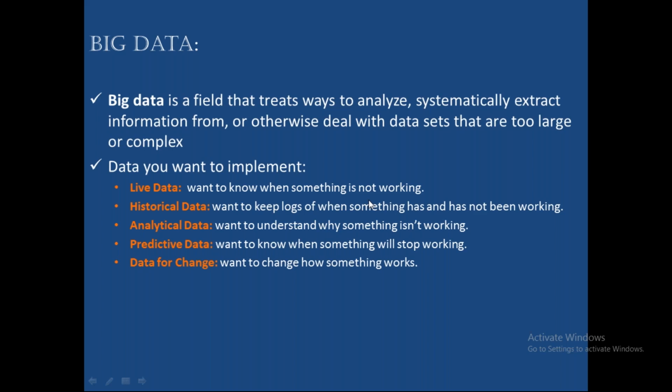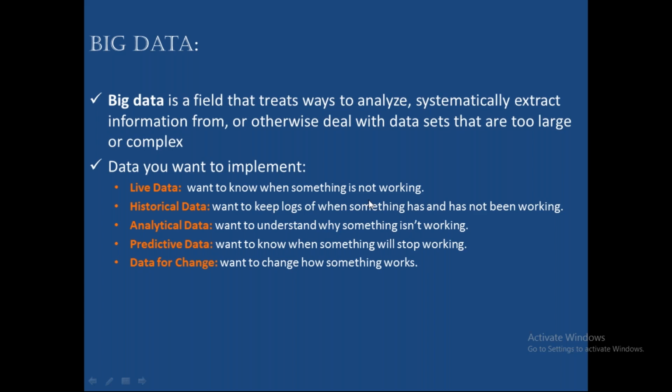How will you come to know this ATM is not working? You are going to process live data immediately. When a transaction happens, that event comes to you. If you are not receiving events for the last 30 minutes, you can suspect and confirm that this particular ATM is not working. That is live data processing. If you process live data, you are able to understand what is not working currently.